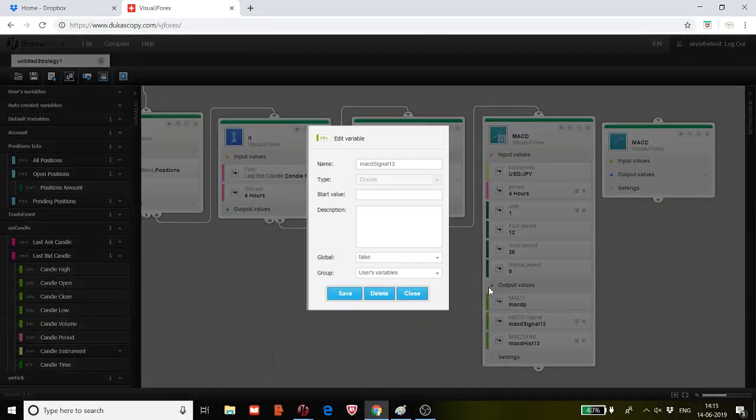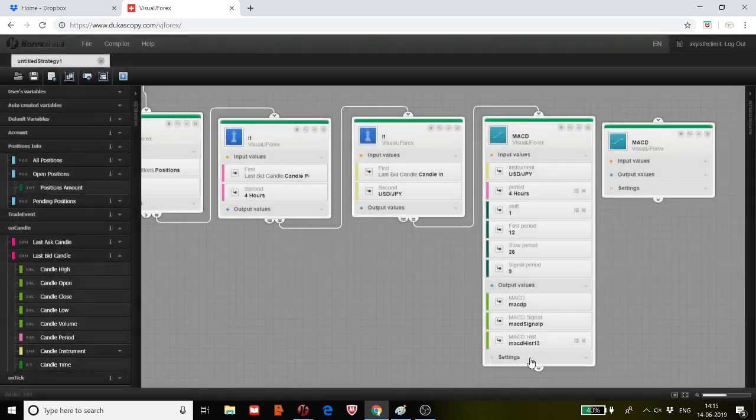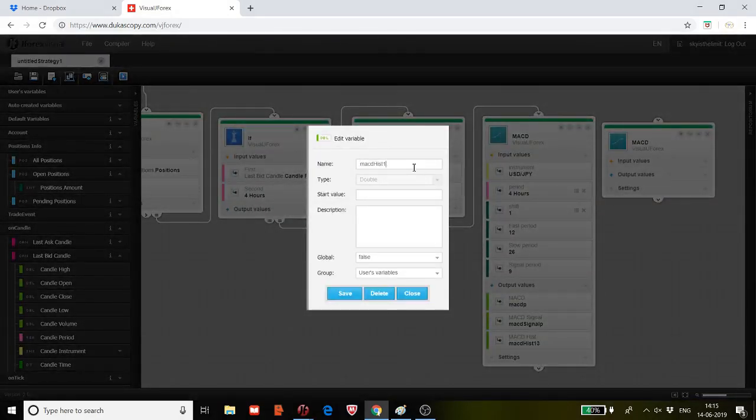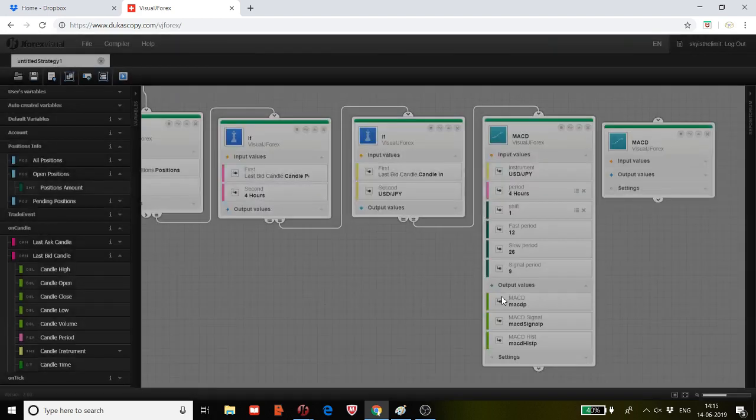MACD signal, also MACD signal previous. P is the short form for previous. Save, and then the MACD histogram will also be for the previous. Save.